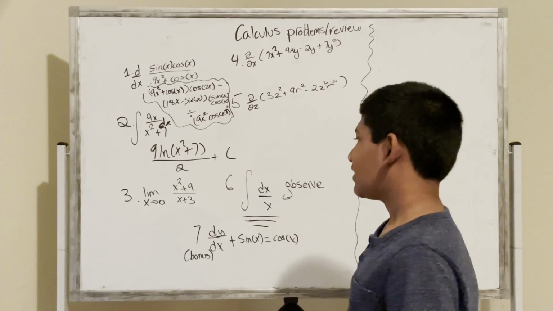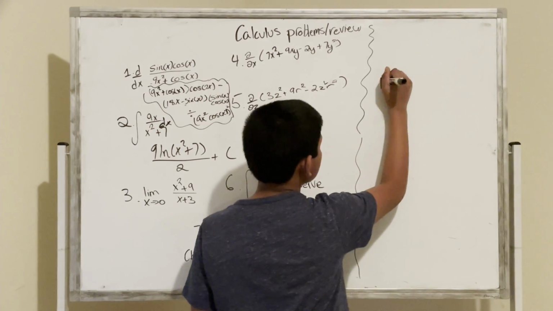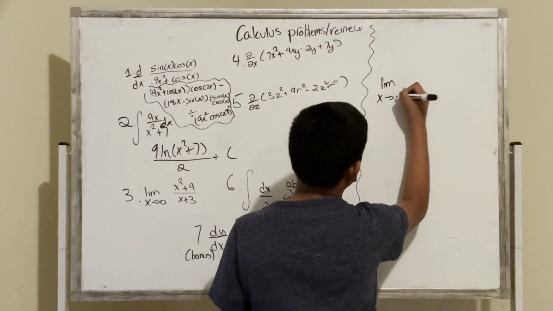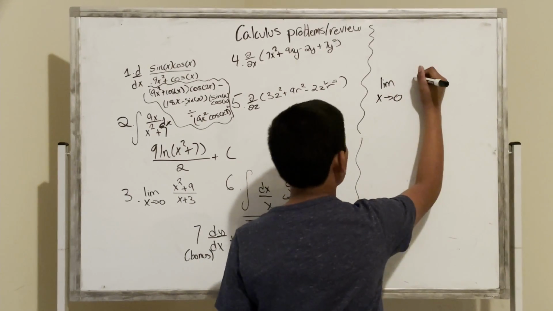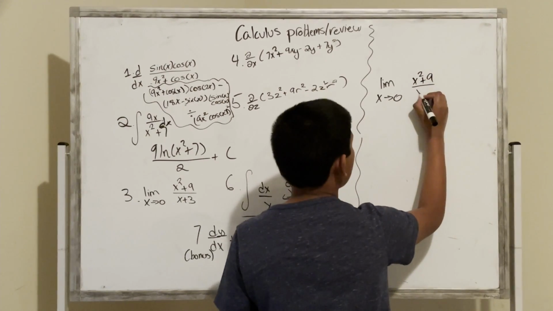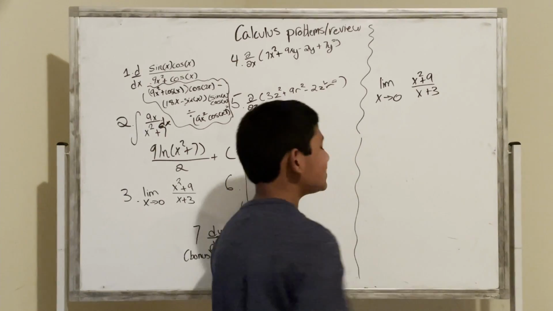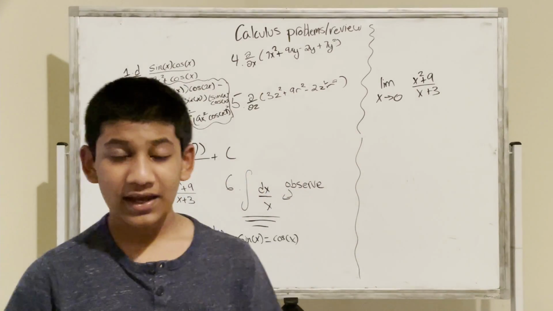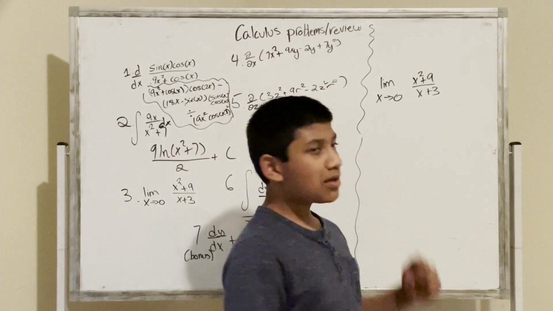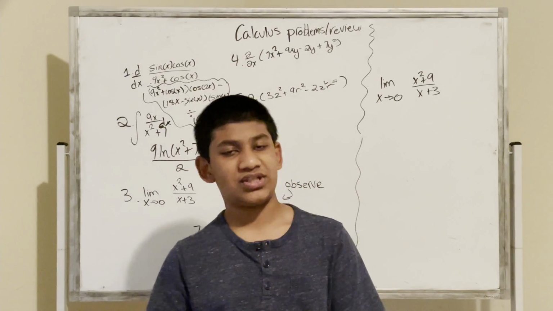So that's a hint. And now we have to do the limit as x approaches 0 of x squared plus 9 over x plus 3. This is very simple. We can do this in one step, and it's very logical for most of you, but let's explain the theory behind this. A limit is about what happens when we're approaching something.